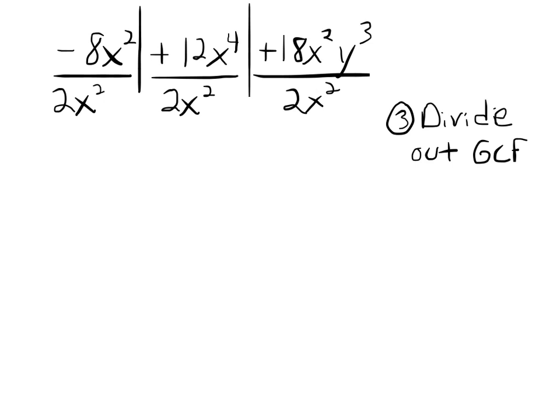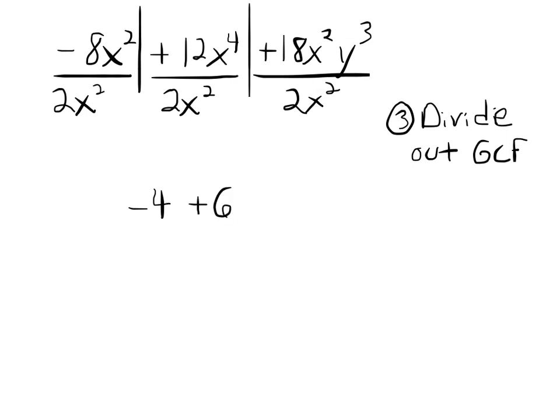So if we divide this first term by 2x squared, we're going to end up with negative 8 divided by 2, which would be negative 4. x squared divided by x squared, we subtract the exponents, they cancel. The next term, 12 divided by 2 would be a positive 6, so plus 6.